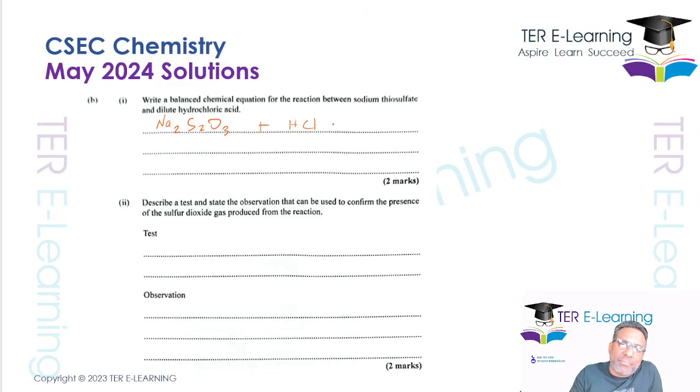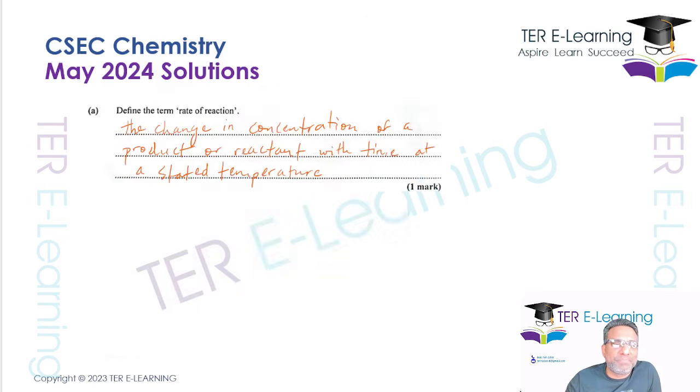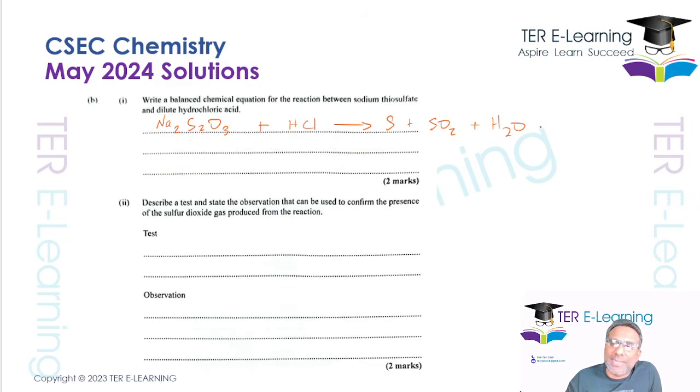And the products that we're going to get here, they told you in the question. They said sulfur is going to be one of the products. They said SO2. They also said water. So they gave us hints in the question here. Let's go back. So, sodium chloride, sulfur dioxide. So I'm missing sodium chloride, so plus NaCl.